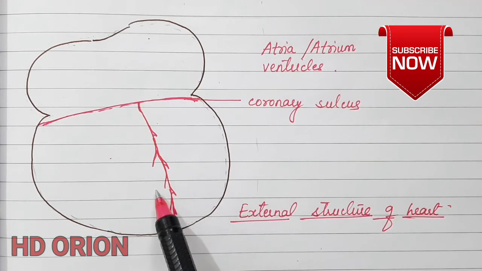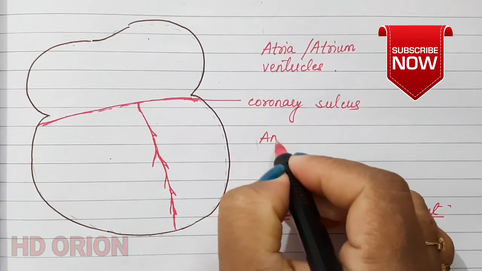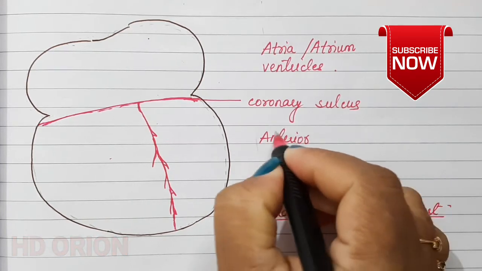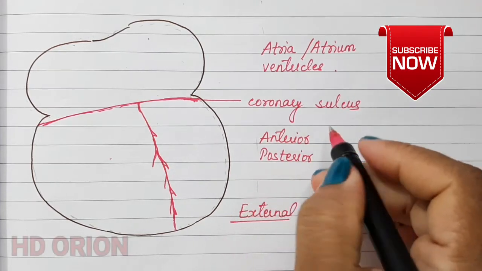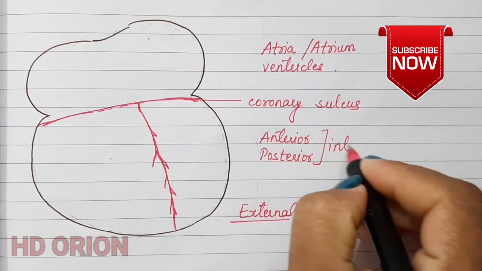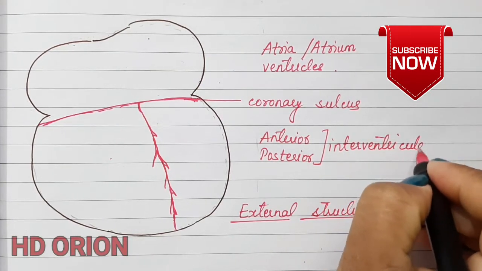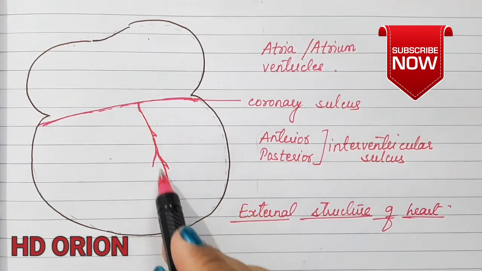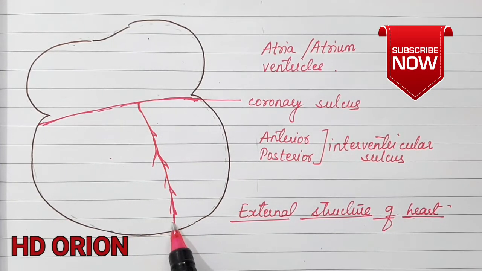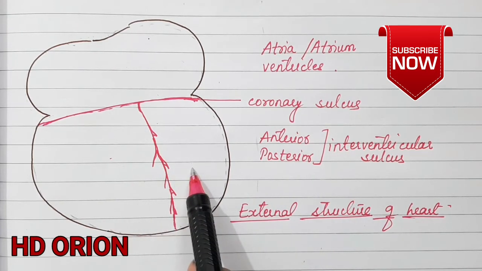There are 2 sulci present in the ventricles. These are the anterior and posterior interventricular sulcus. What I have drawn over here is the anterior interventricular sulcus. Interventricular means between the 2 ventricles.